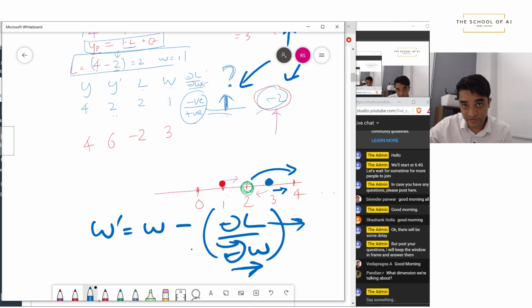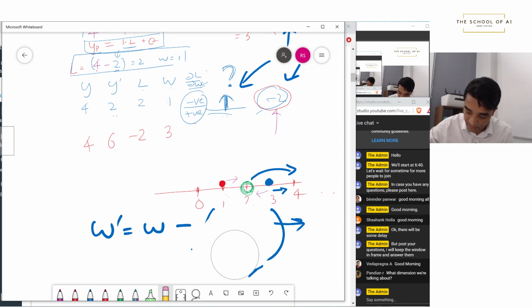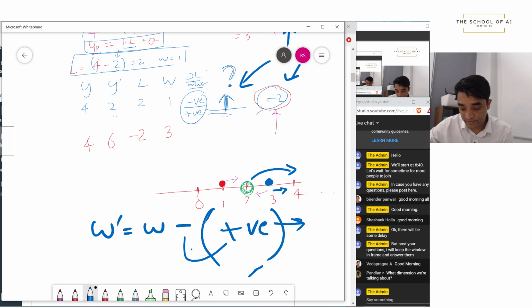So this is positive right now. If this is positive, then we have the negative outside, which means whatever we have inside as positive is going to become negative, which means that automatically what you're going to calculate now is going to reduce the weight for us, right?